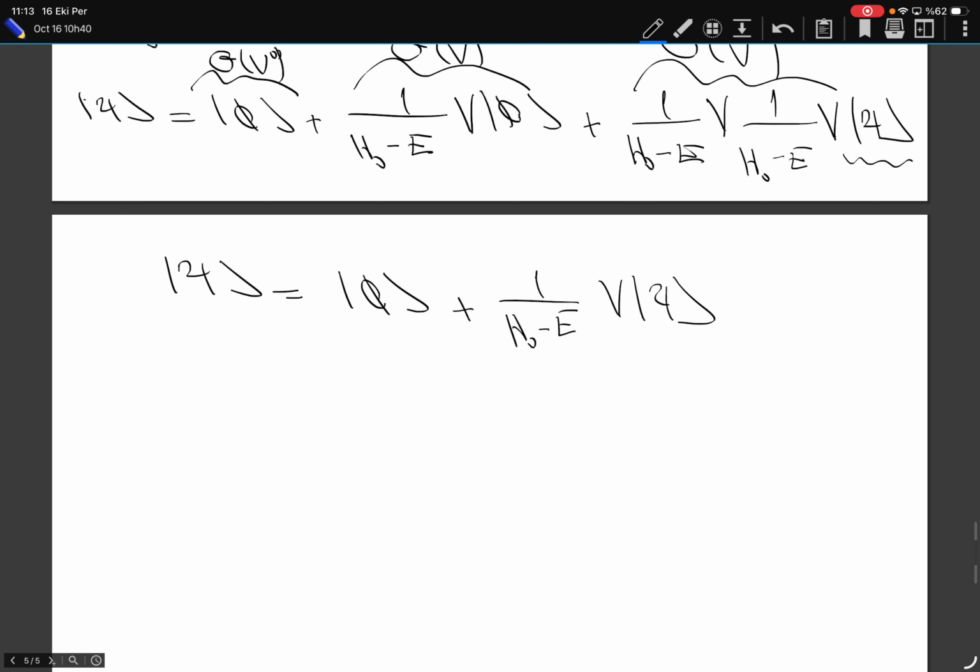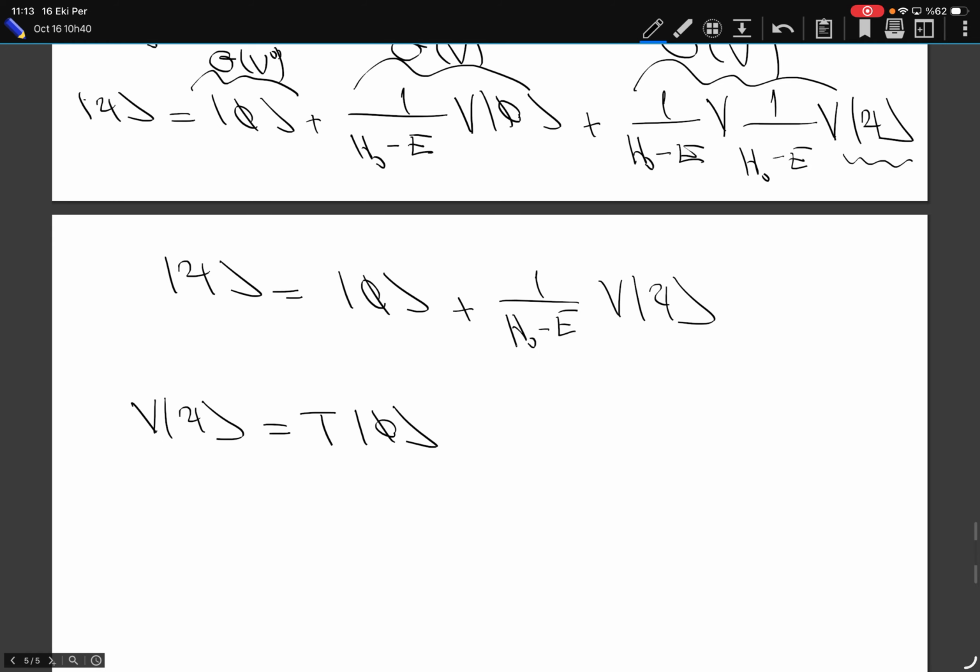So I would rather write the solution of psi in terms of phi only. Well, that means I have to somehow write V of psi, that is the part that contains psi, in terms of phi. I'm now just inventing some operator T that, when it acts on phi, would give me V of psi. What is this T? I don't know at the moment.